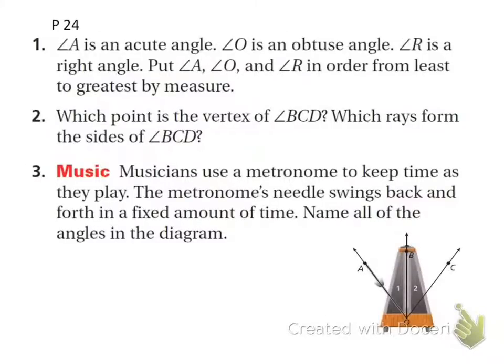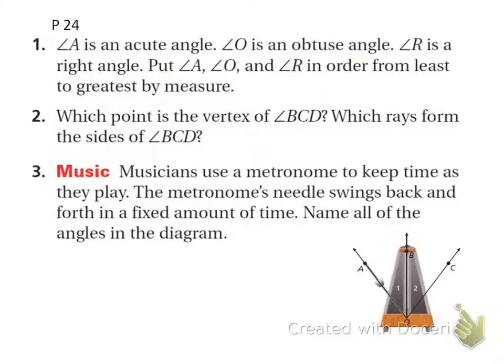So we started off on page 24, 1 through 6. Here's 1 through 3, and in number 1 we're asked to basically take these three angles. We've got angle A is an acute angle, angle O for obtuse, and angle R for right. Put those in order from least to greatest by measure.